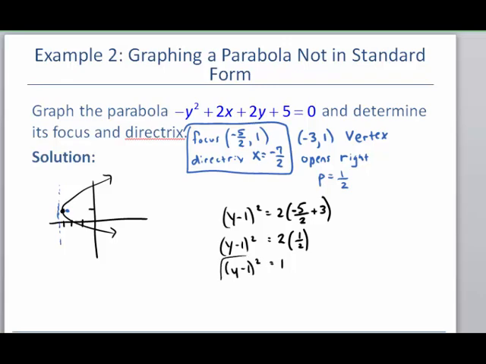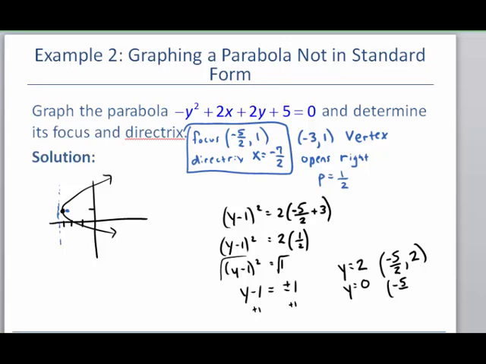We then will take the square root of both sides. So we'll have y - 1 is equal to positive or negative 1. And we're going to add 1 to both sides. Now again, we have to consider both options. If y - 1 is positive 1 and we add 1, we're going to get 2. If it is -1 and we add 1, we're going to get 0. So for our 2 points that we're going to be plotting, we're going to plot an x value of -5/2 and a y value of 2.